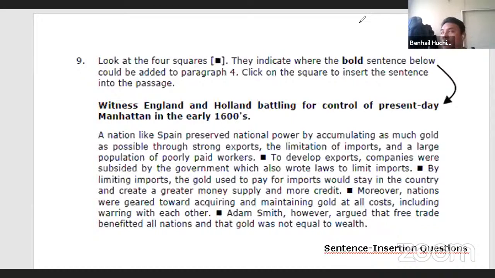Then you can read it with the sentence, so you can see if it matches what you're saying. The context is almost the same. So in this case, you select where it belongs. Try to match it.